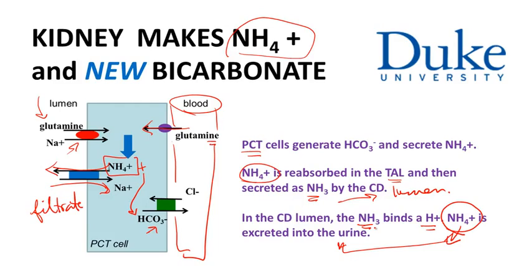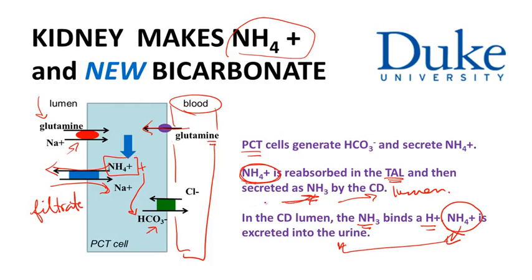This is actually an interesting situation, because if the kidney is not working correctly, if for some reason the collecting duct is not working, then this NH4 plus, which is present in the thick ascending loop of Henle, can move into NH3, and then it can enter into the blood and is delivered to the liver.